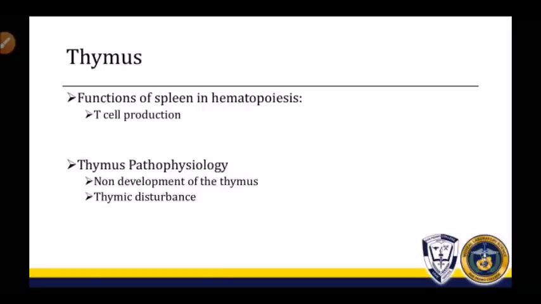However, thymic disturbances or problems sa thymus in adults does not produce a great effect as that of the non-development of the thymus in infants. That is because since expected naman po jud na nag-atrophy ang thymus at the onset of puberty, so ang mga disturbances or problems sa thymus na mag-arise at that age is not that fatal.